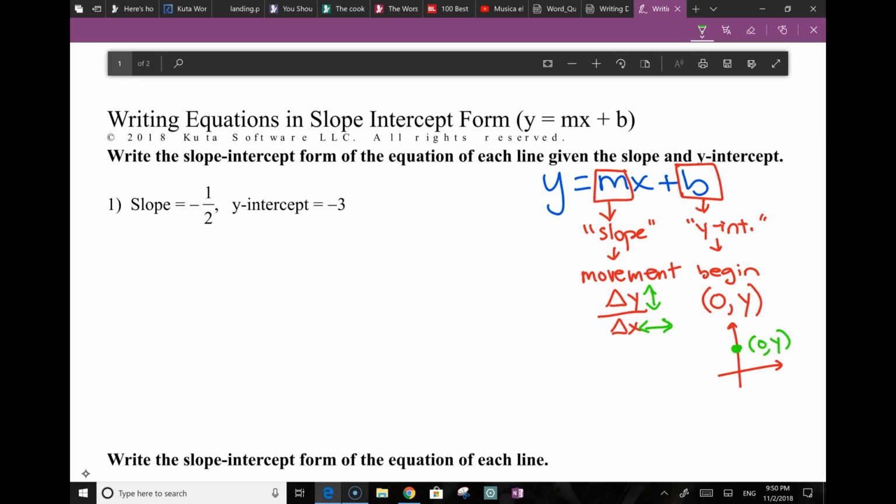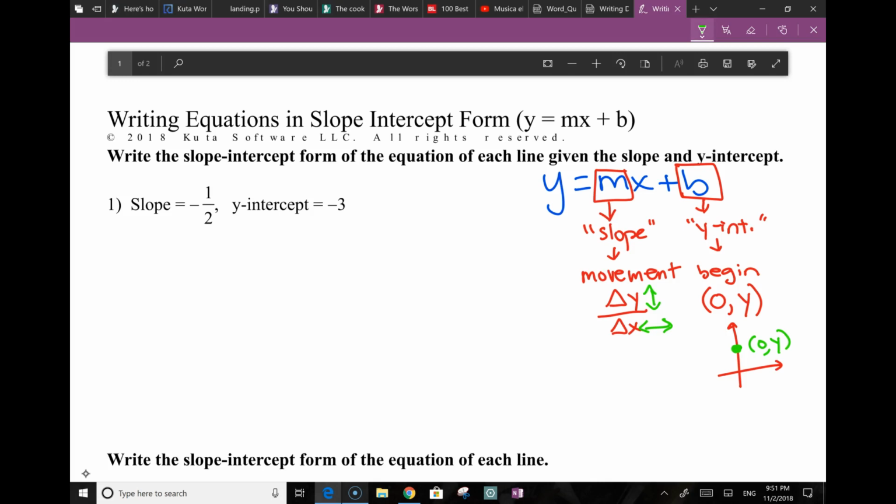And it would be 0 because this green point is neither to the right nor to the left of the y-axis. It's simply on it. And the y value could be anything, positive, negative, or 0, just like a number line, but standing up. Okay, so with that, let's go ahead and begin.